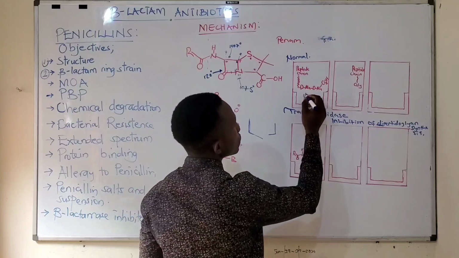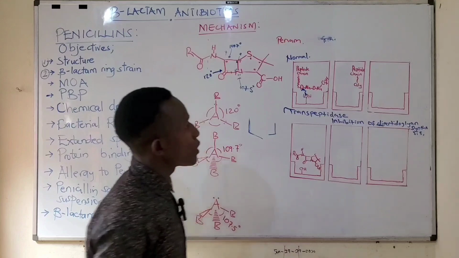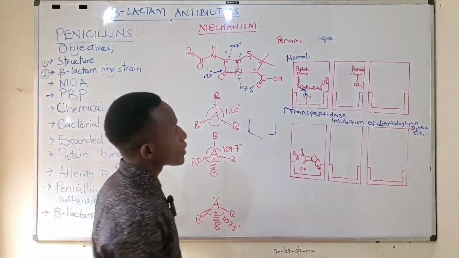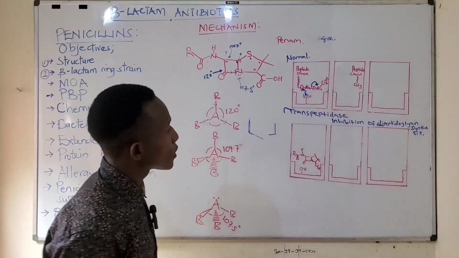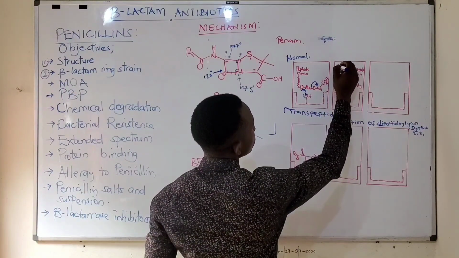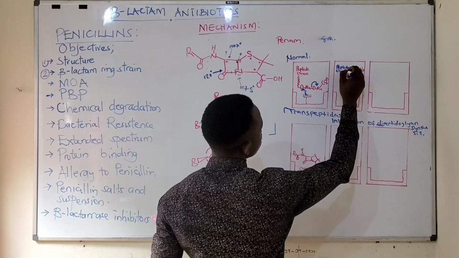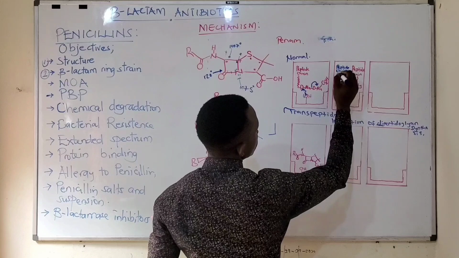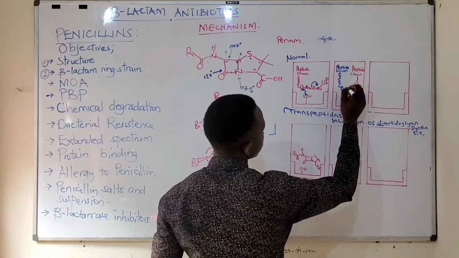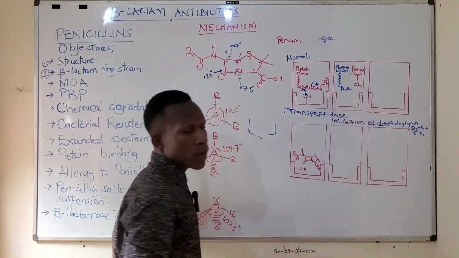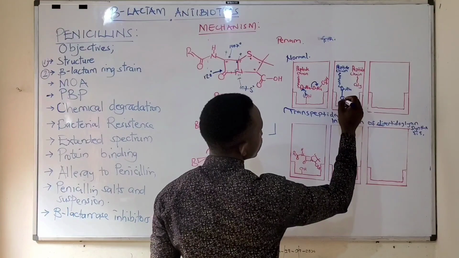So this OH will bind to the D-alanine. Then the peripheral D-alanine will be cleaved off, meaning that we shall have the peptidoglycan peptide chain with one D-alanine. This D-alanine is now bonded to the OH group.